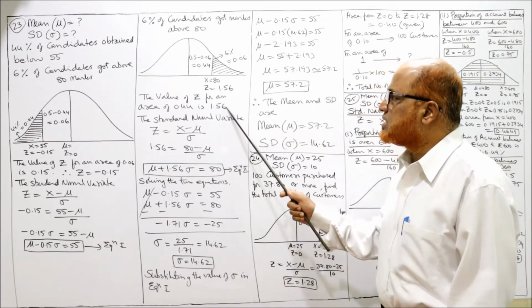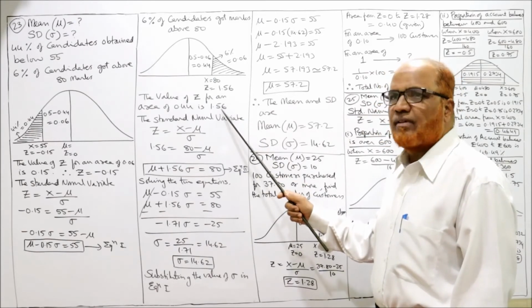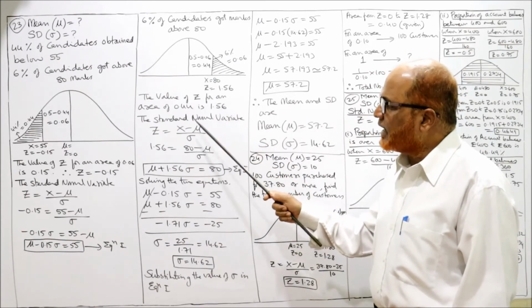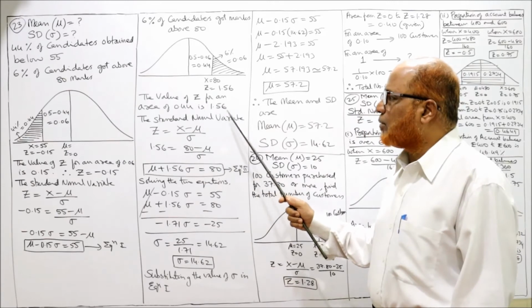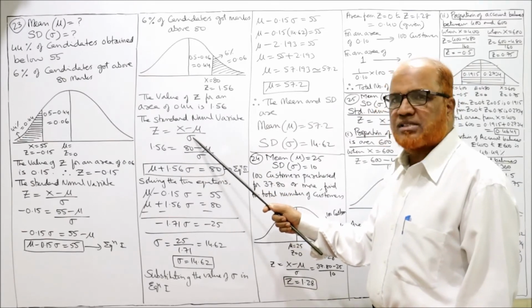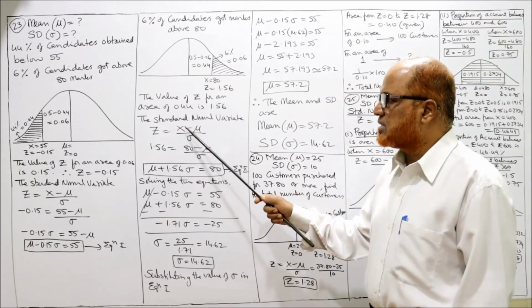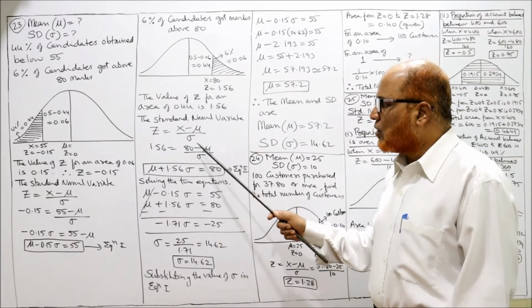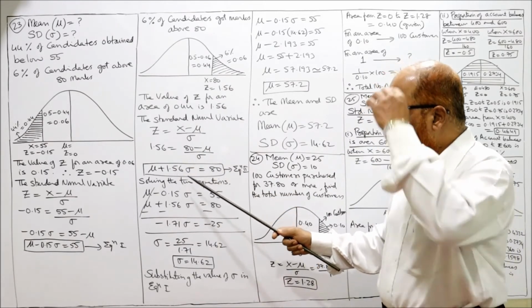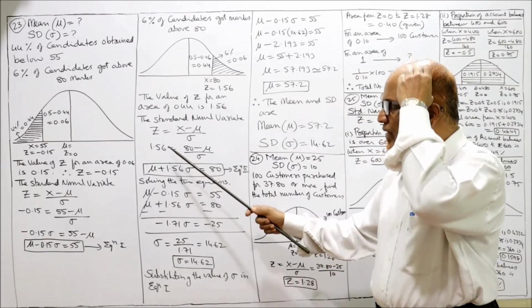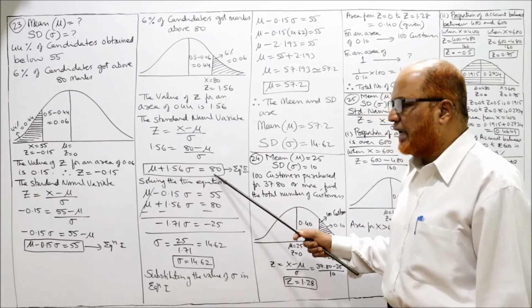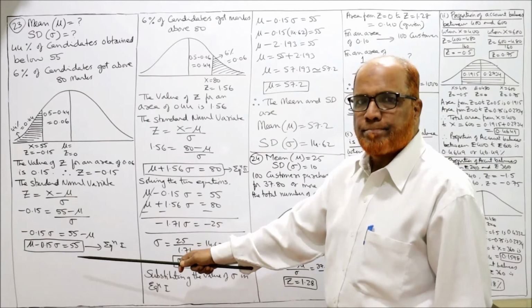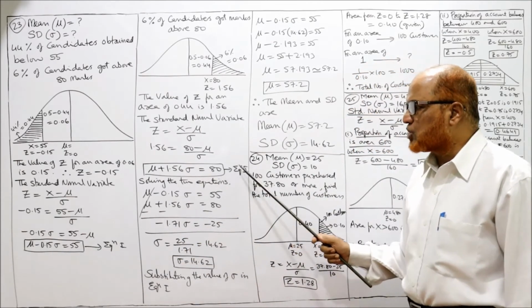So 1.56 is the Z value. Again we substitute in the standard normal variate, Z is equal to x minus mu by sigma. Z 1.56 is equal to 80 minus mu divided by sigma. Now cross multiply. Then mu plus 1.56 sigma is equal to 80. Just like this, we got equation number 2.